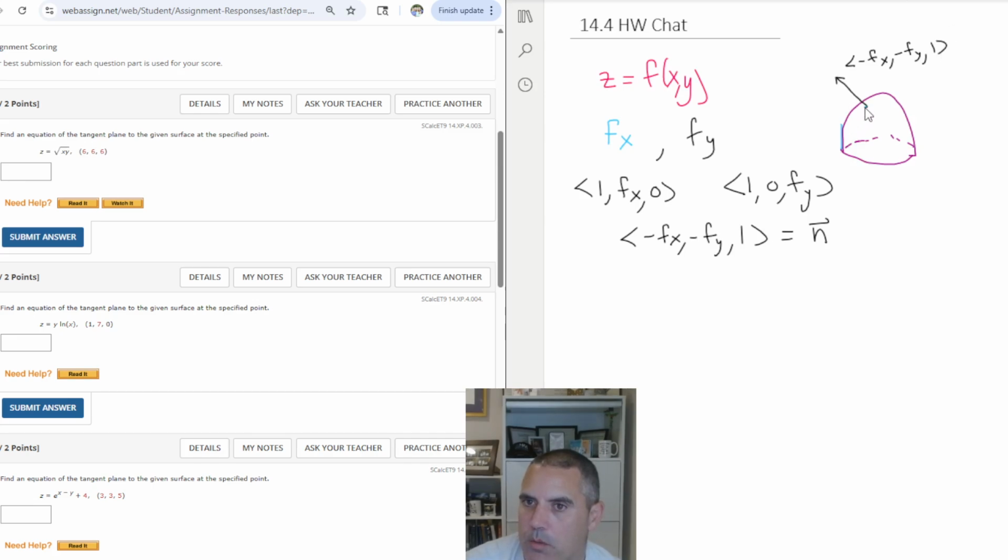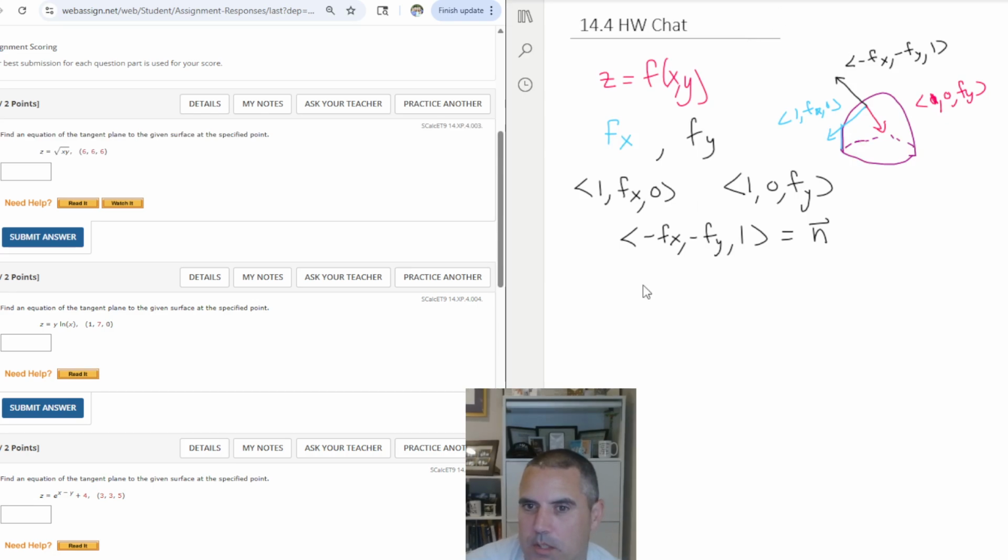If you want a vector that points in the x direction, that's this vector, 1, 0, f of x. And again, we'll talk about that in class. It's also in the text. And then the slope in the y direction is this, 0, 1, f of y. And their cross product is perpendicular to both. Together, they give you this plane.